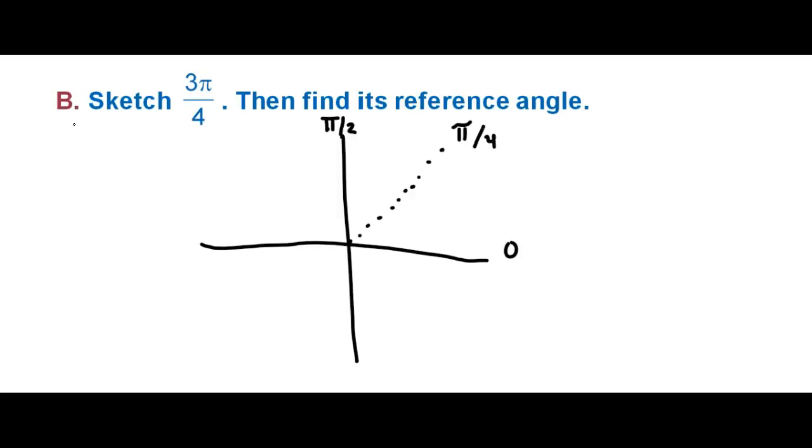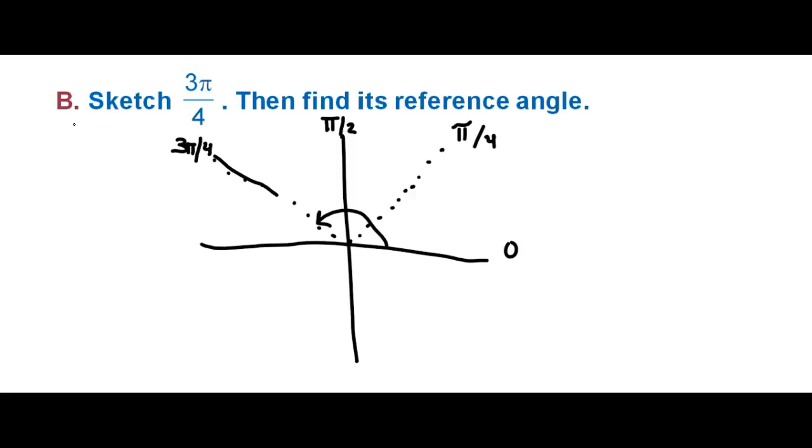So if we want to go 3 pi over 4, we're going to do 1, 2, and then the third would be if we split the second quadrant in half. So my angle would end up going to here, which would be 3 pi over 4.